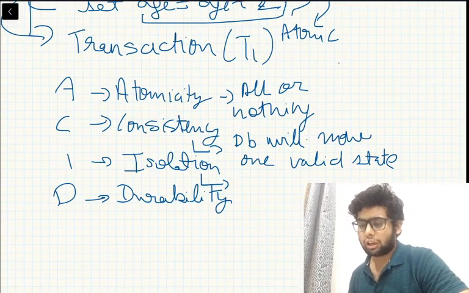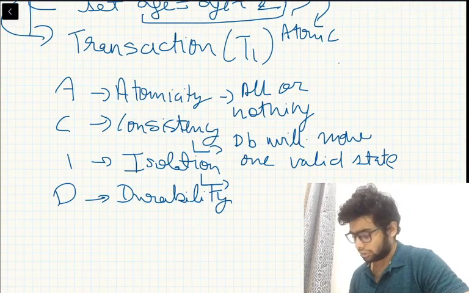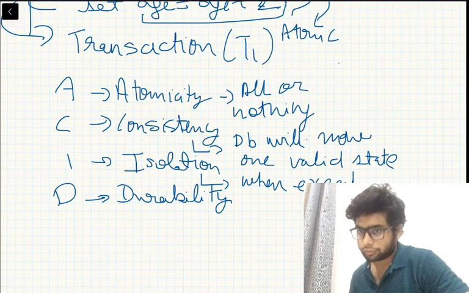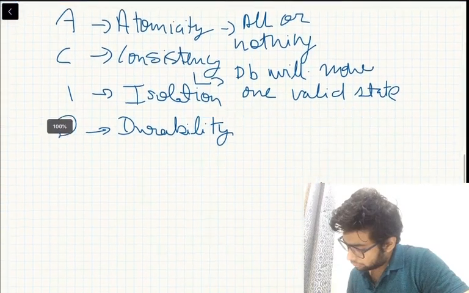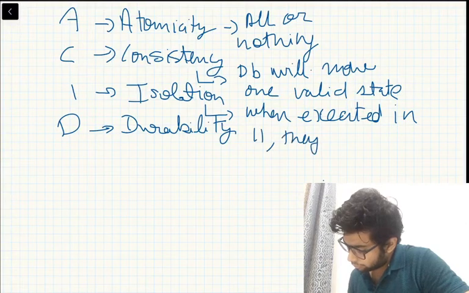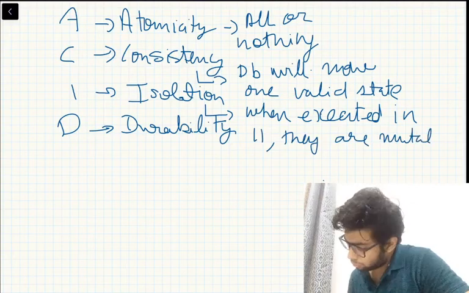So basically isolation is the concurrency control of our database. When executed in parallel, they are mutually exclusive.